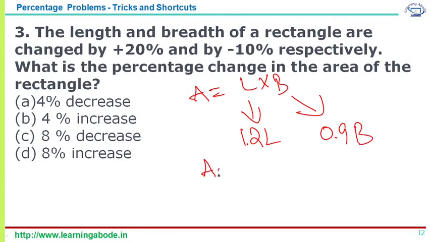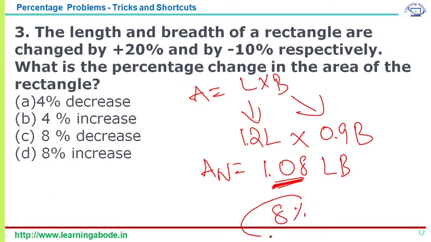So the new area is 1.2 L into 0.9 B, which is 1.08 LB. Look at how much more than 1 it is: 0.08, which means as per our multiplying equivalent conversion, it is 8%. An 8% increase, you would have written as 1.08. So when you see 1.08, you should know it is an 8% increase. So that's answer option D for this question.